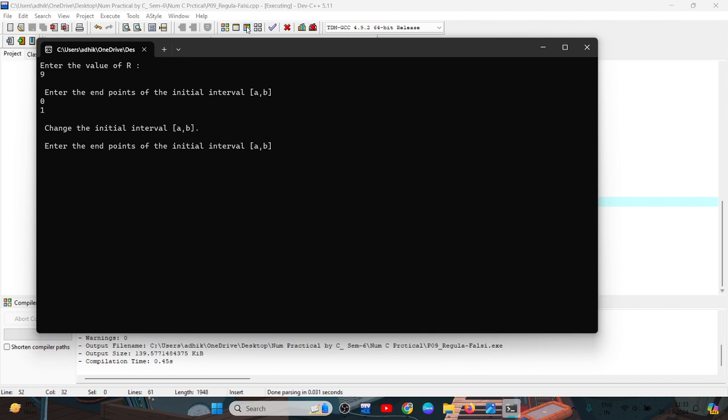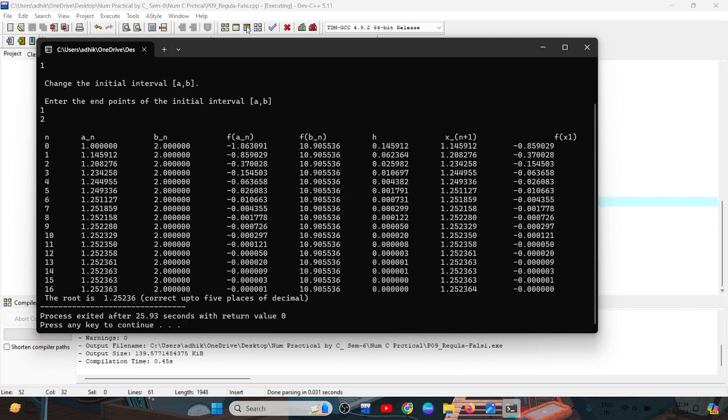Choose a equal to 1 and b equal to 2. We get a table with the columns: step counter n, a_n, b_n, f(a_n), f(b_n), h, x_(n+1), f(x1). The root is 1.25236, correct up to 5 decimal places.